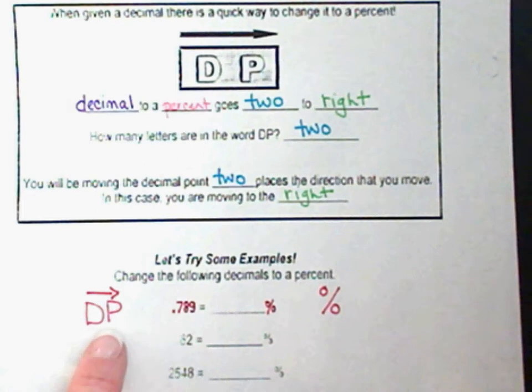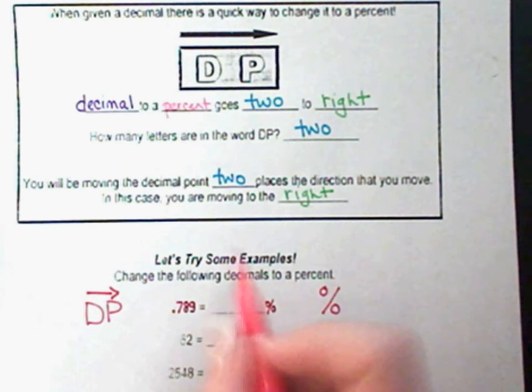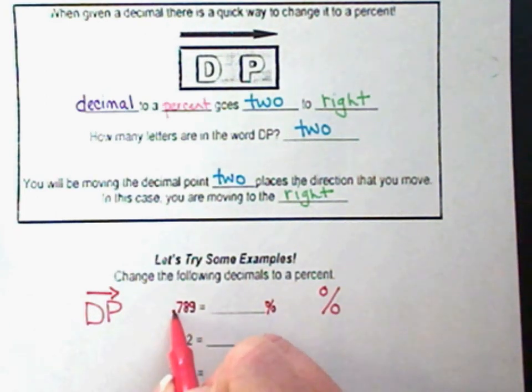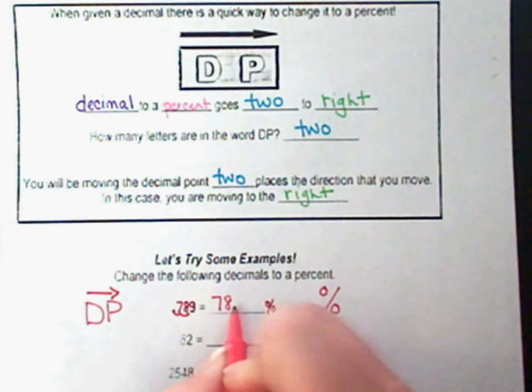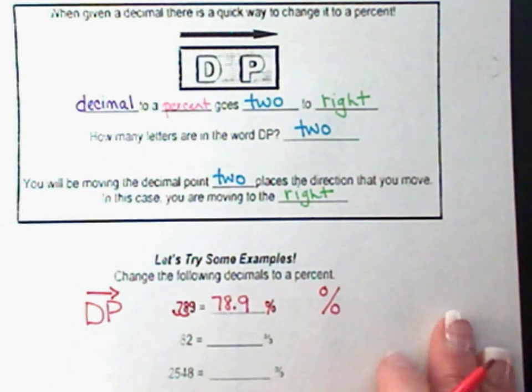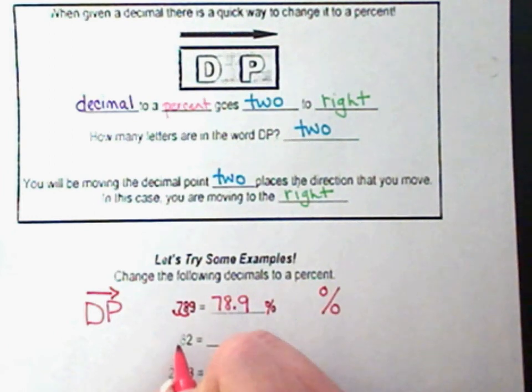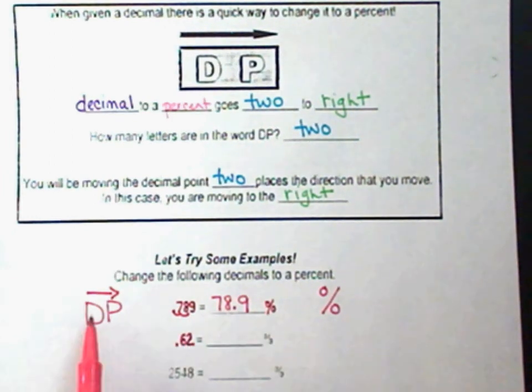I know it doesn't look like 100, but for some reason it's always reminded me that a percent's out of 100. Okay, so remember, back to our DP, we're going to go to the right because we're going from decimal to percent, and we're going to go over 2 because there are 2 letters. Start at your decimal and move 1, 2. It makes my percent 78.9%.